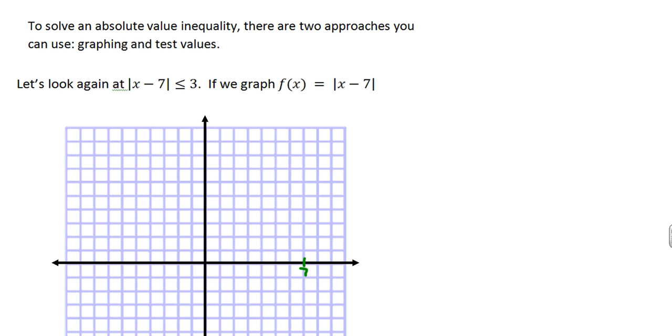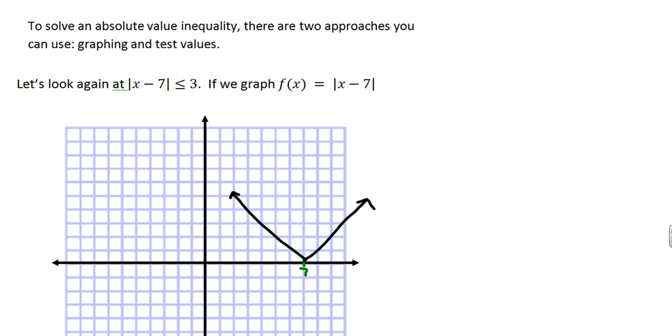So I'm going to start off looking at the absolute value of x subtract 7 less than or equal to 3. The graph of that would have its vertex at the 7. No stretching, no reflection, so I'm going up the slope of positive 1 to the right from that vertex, a slope of negative 1 left of the vertex. And what I'm interested in is when that absolute value function is smaller than 3.